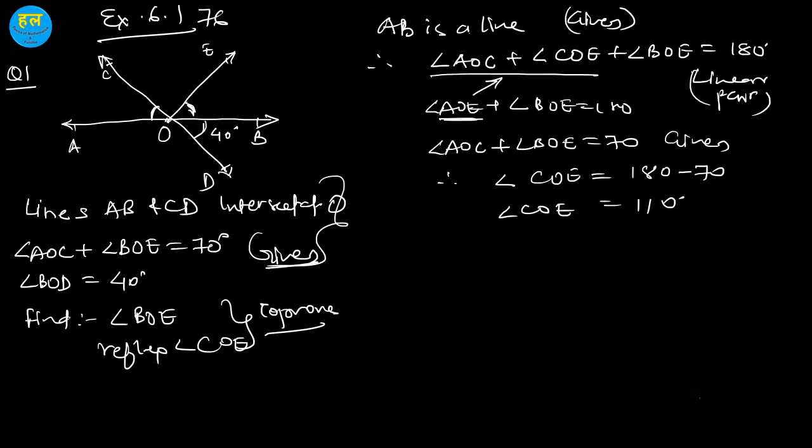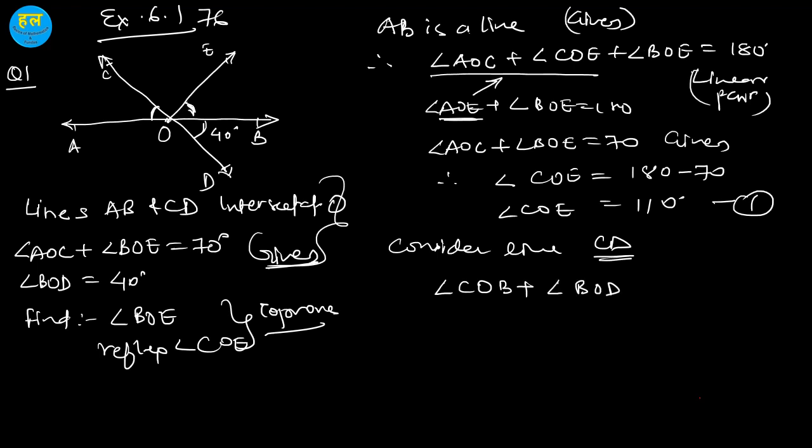Right? Now we have angle COE. Now consider line CD. When we take line CD, then we take angle COB plus angle BOD is equal to 180 degree.